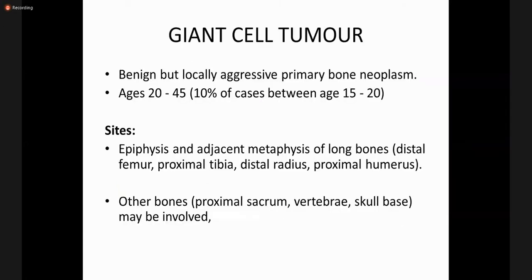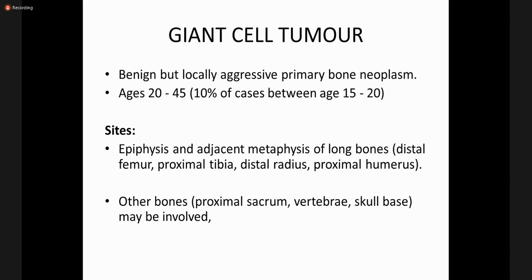So the next common tumor which is commonly seen in our settings is the giant cell tumor. It is a benign but locally aggressive tumor of the bone. Usually it occurs in 20 to 45 years of age. Below 20 years, this type of morphology we can put in the aneurysmal bone cyst.